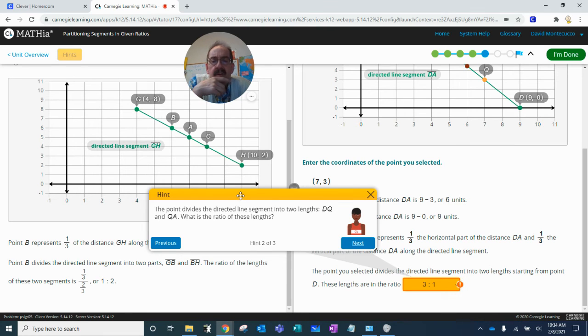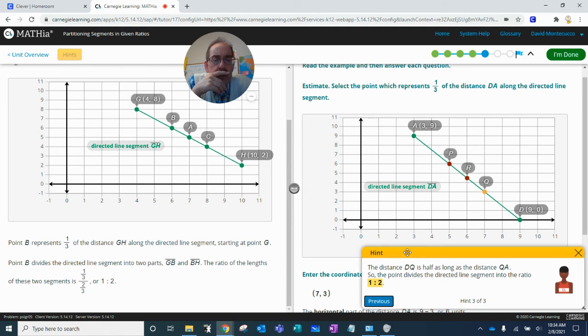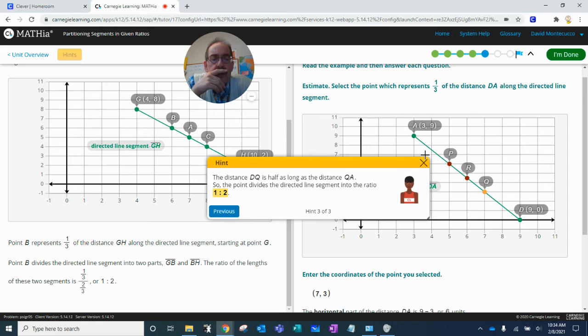The point that divides into two lengths DQ, QA. What is the length? 1/3, 2/3. So it's a 1:2 ratio.